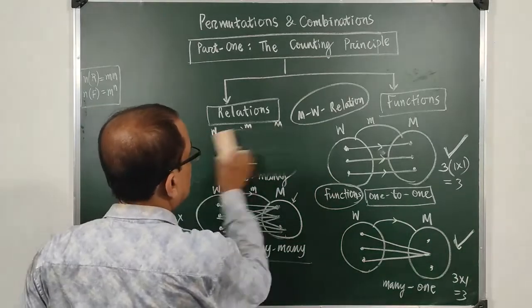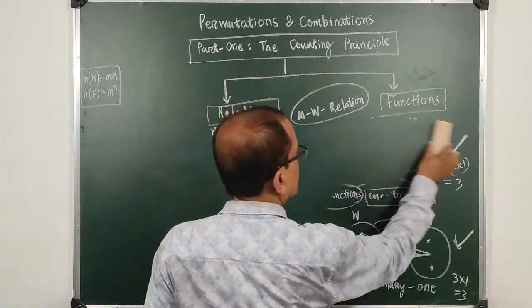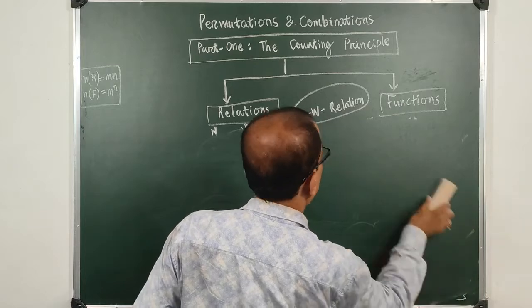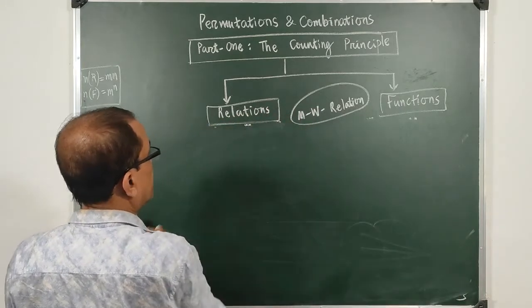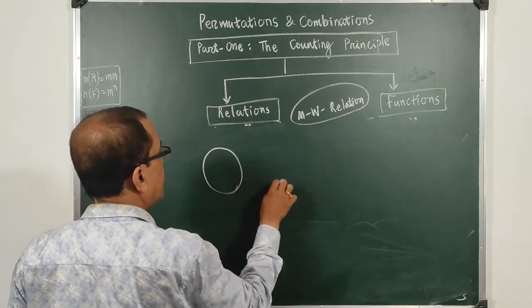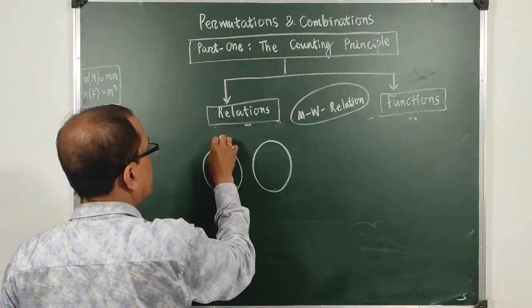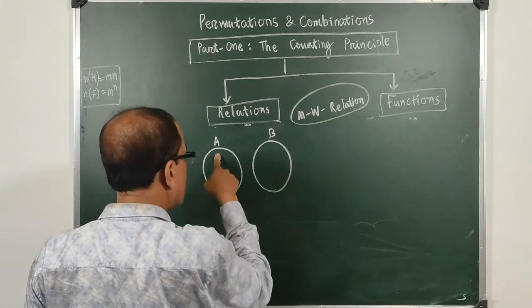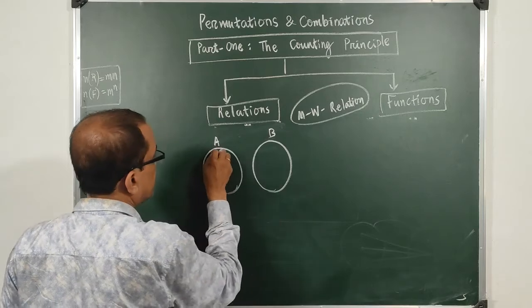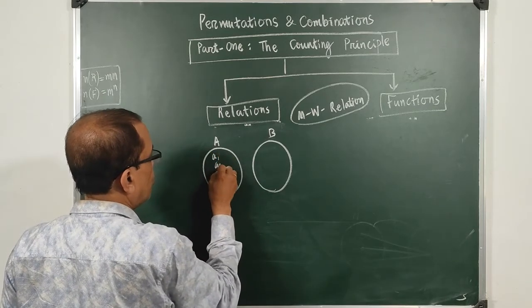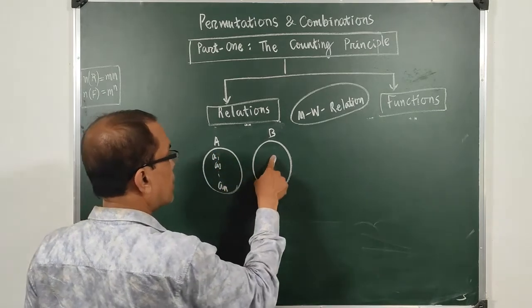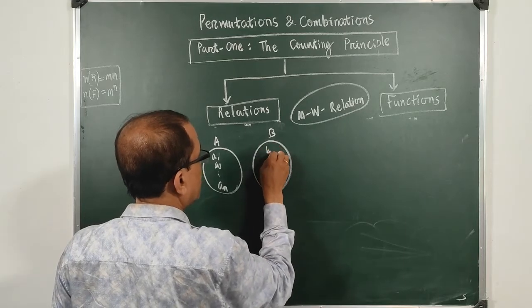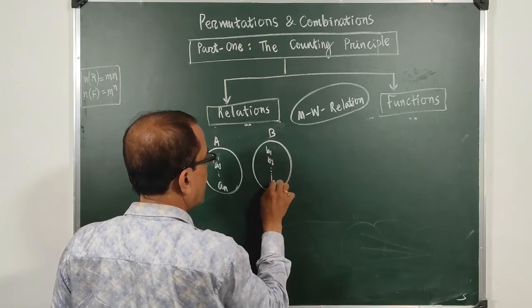If we have, say, in a first set, let us forget the women and men type, let us take two sets A and B. Here there are n elements, say A1, A2 up to An, and here there are m elements, say B1, B2 up to Bm.